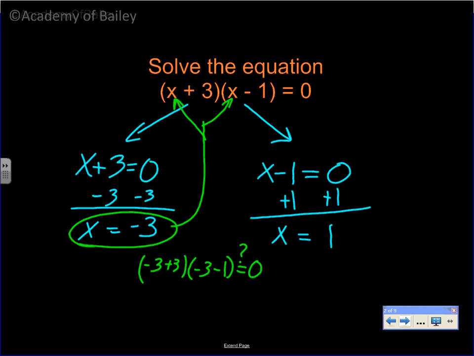Does that equal 0? Negative 3 plus 3 is 0. Negative 3 minus 1 is negative 4. And yes, that does equal 0, because 0 times negative 4 is 0. So we know that this is a solution.